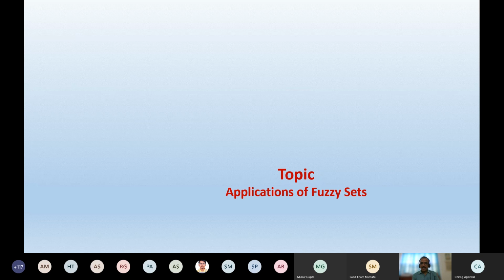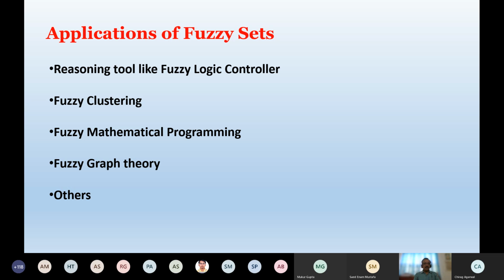A few days ago, I delivered one invited lecture where I discussed uncertainty modeling using fuzzy sets. I do not know whether I'll be able to go into that much detail in this class, but I'll try my level best to give you the importance of using fuzzy sets to handle uncertainties in real world problems.